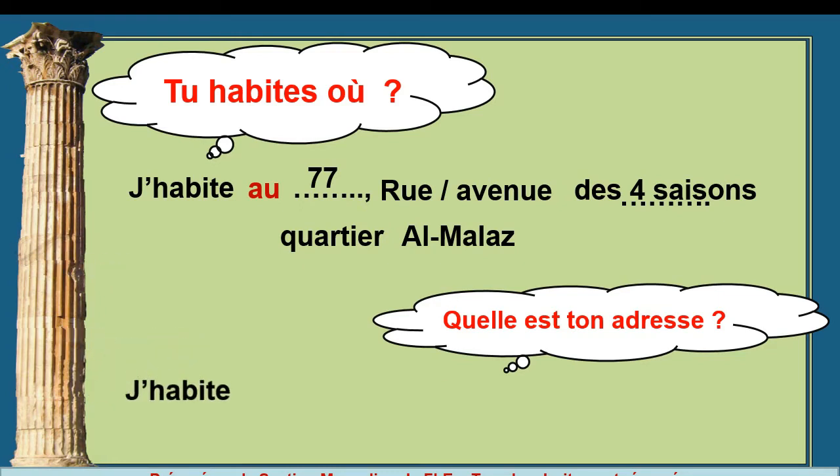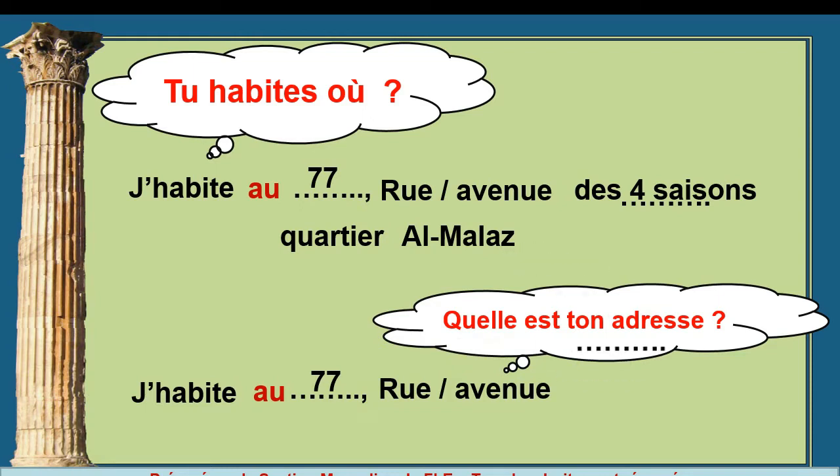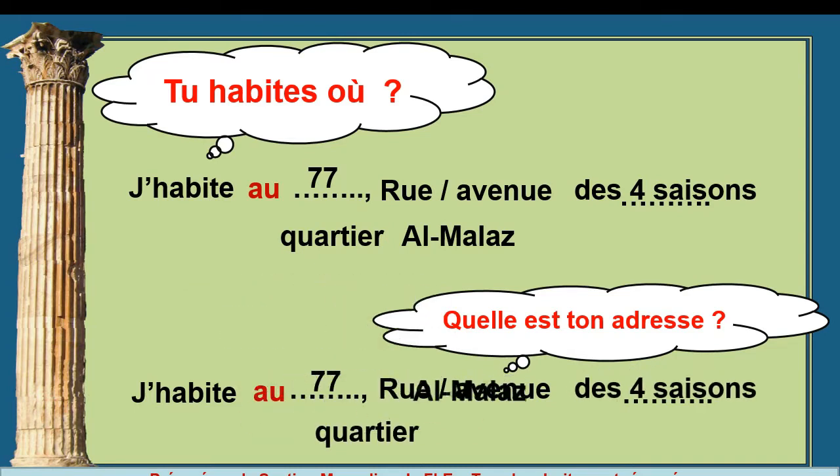I have another question but the same answer, because it has the same meaning. J'habite où? Quelle est ton adresse? J'habite au 77 rue or avenue des 4 saisons, quartier Al-Malaz, for example.